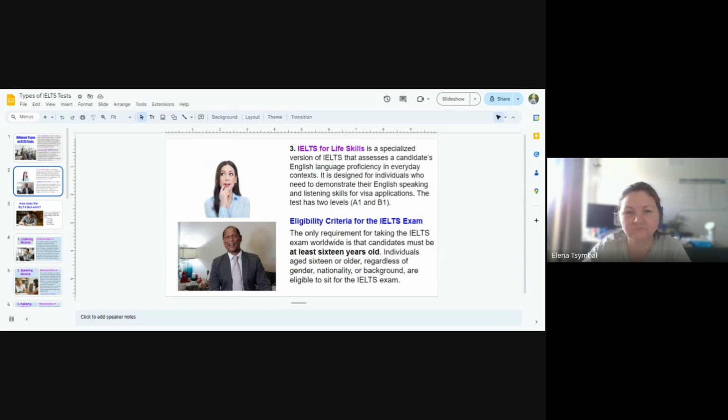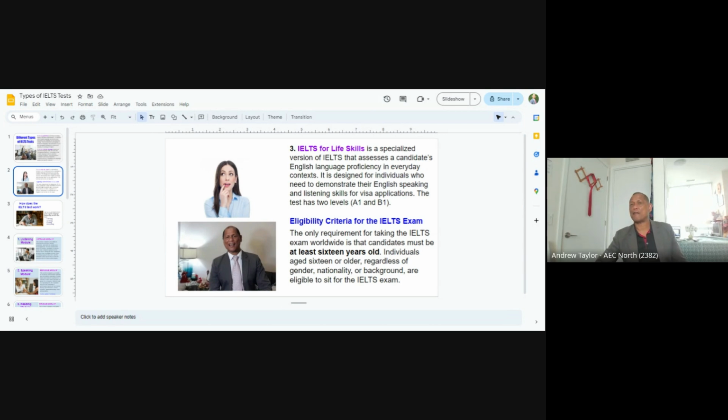Very good. So it doesn't matter, even if you're Canadian, if you want to take it, no problem. Everyone is eligible as long as you are 16 years old minimum.